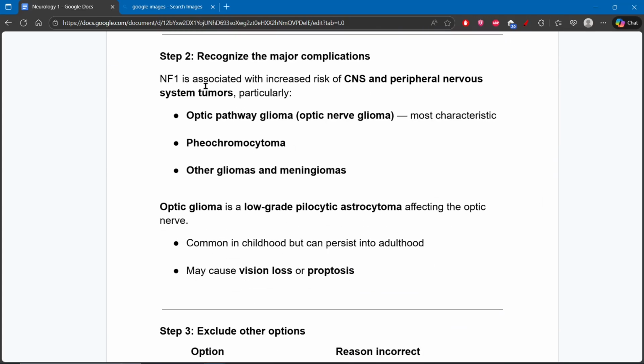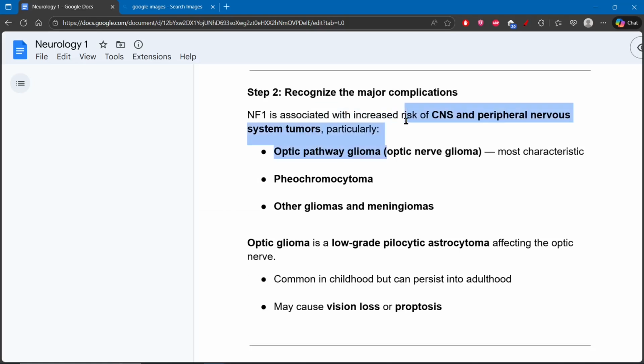Now, once you've identified the condition, you have to identify the associated complications with it, such as an increased risk of CNS and peripheral tumors in NF1. Particularly, the three most important that you must know are optic pathway glioma, which is the optic nerve glioma.